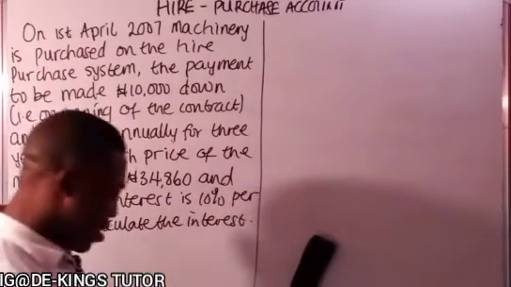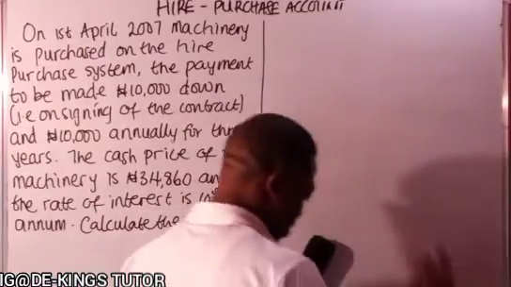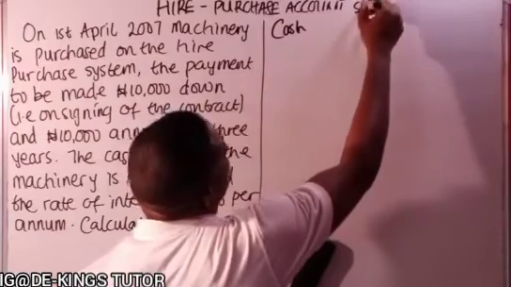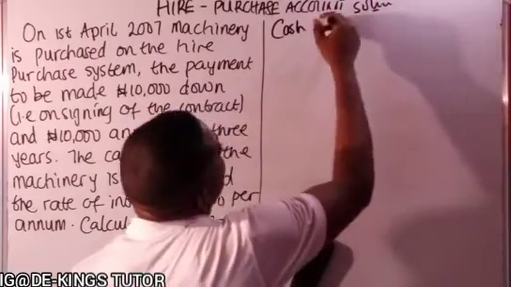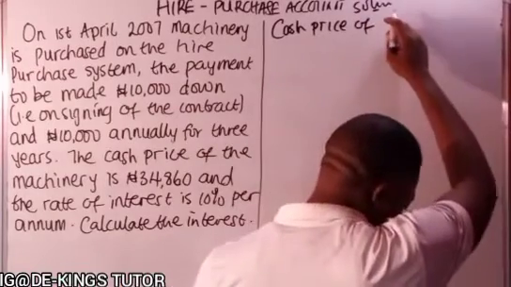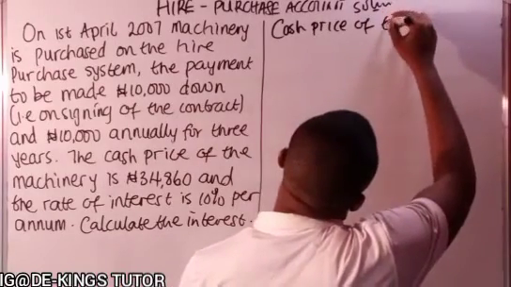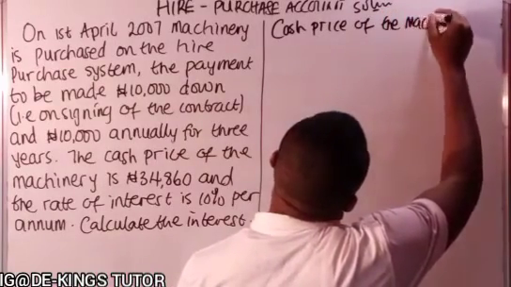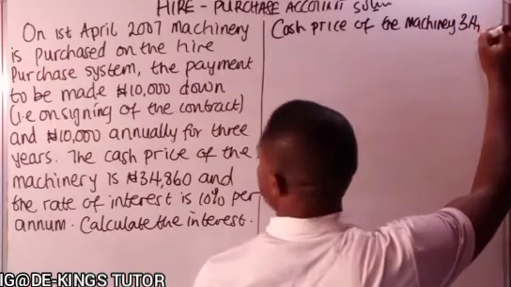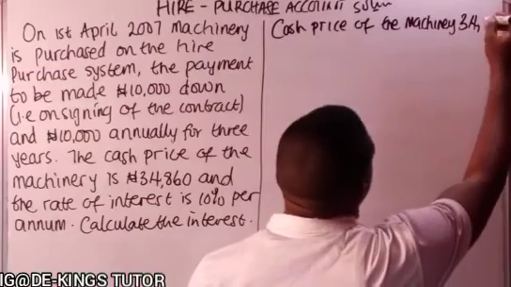So follow me squarely. The cash price of the machinery, which is 34,860.